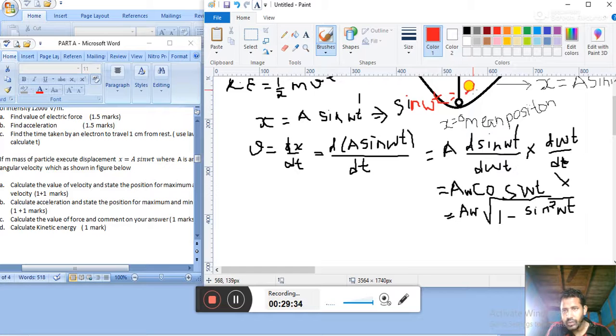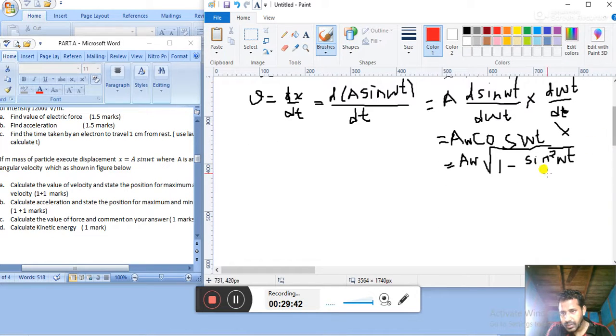Now plugging the same value over here, we get a omega root over 1 minus x squared by a squared.